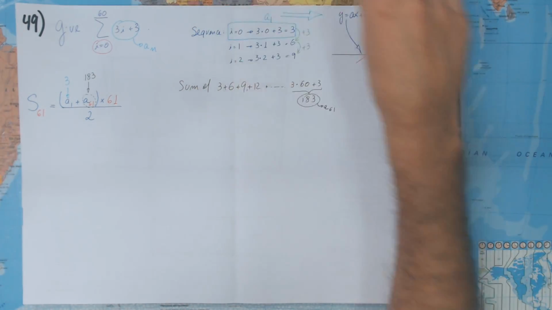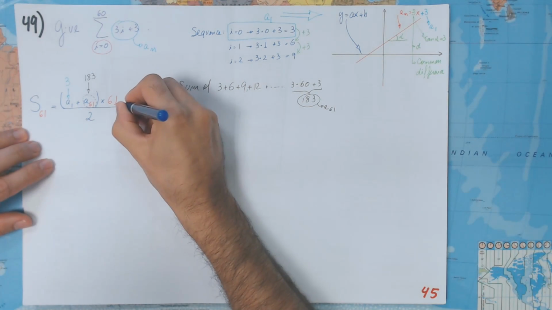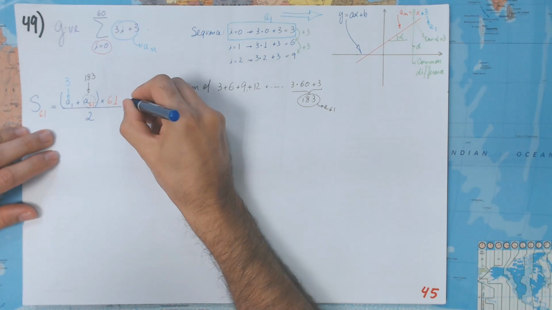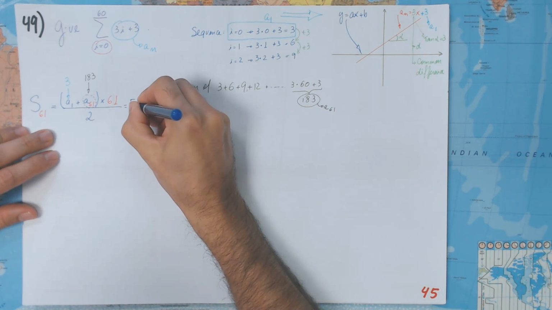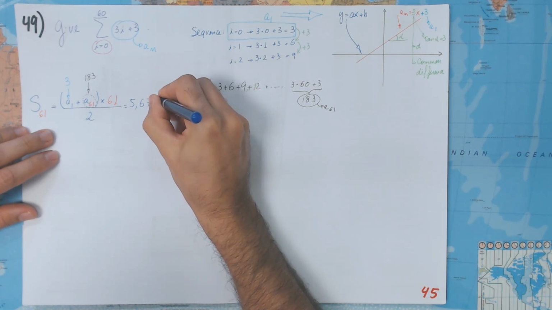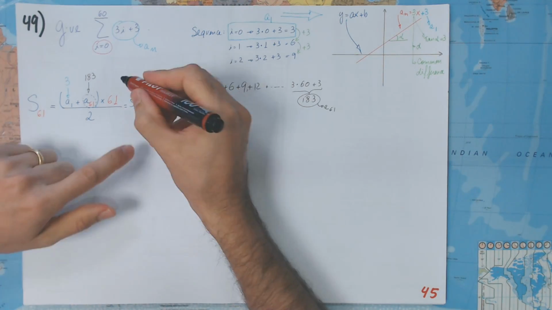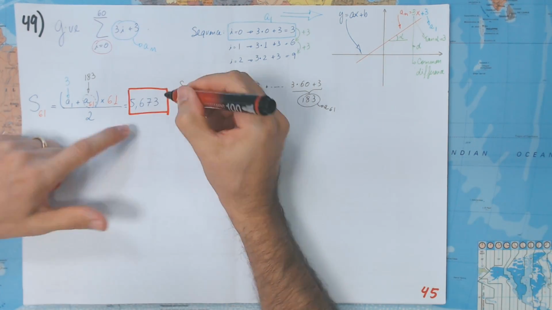And it is very easy to get the answer, which is going to be 5,673. Okay, and that is going to be our answer. I just want the summation, and the summation is that.